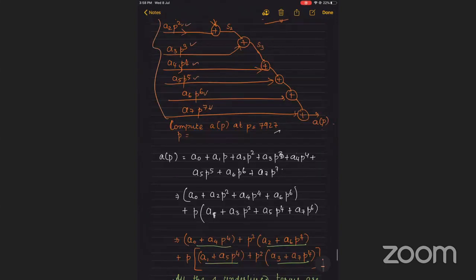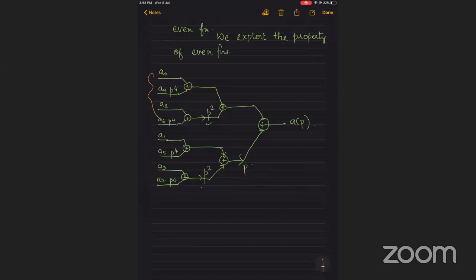Whereas in this case, what happens? In all the first stage, let me call this the first stage, each of the second arm, this one, this one, this one, and this one, they all get multiplied by the same weight, P power 4.